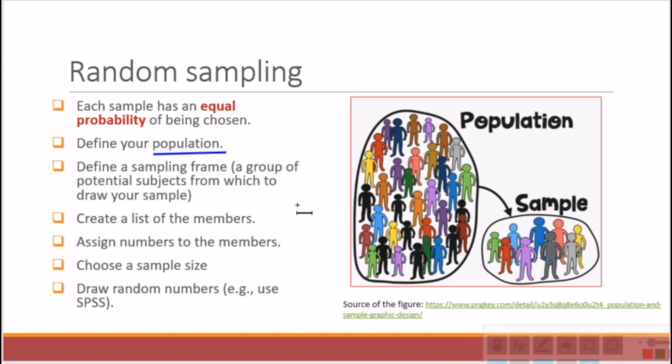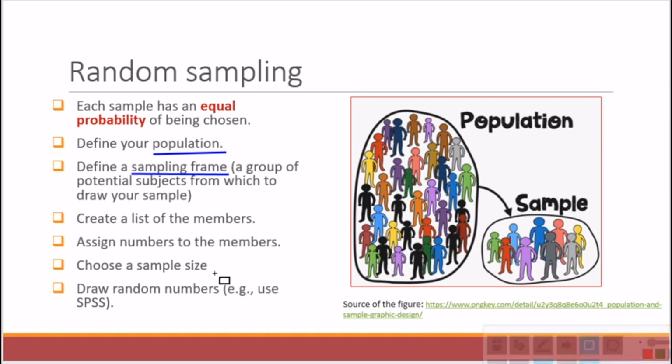For example, some overseas students who are studying in Malaysia and are interested to learn Mandarin or Chinese. After this, we need to define a sampling frame. And I would like to explain this a little bit because we hardly define this in second language research, but I think it's a useful concept.